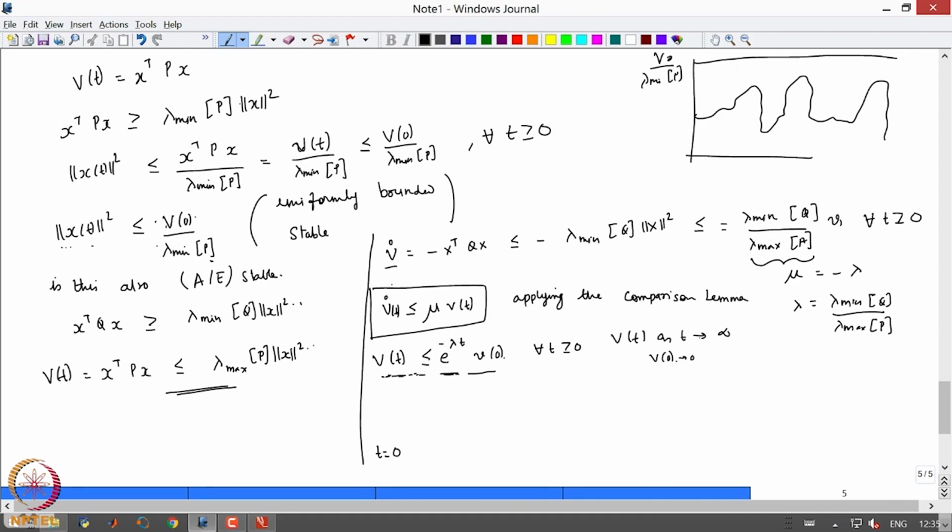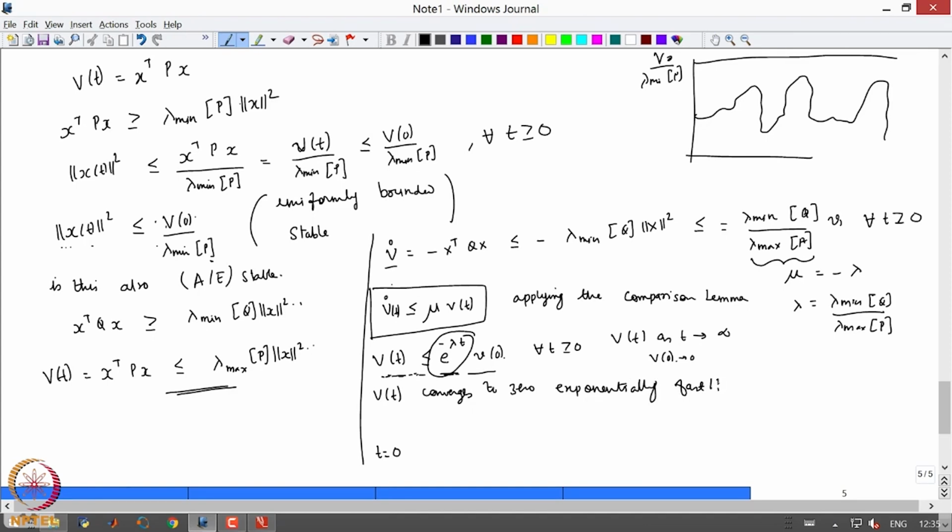At what rate does it do so? This quantity tells me that V of t converges to 0 exponentially fast.